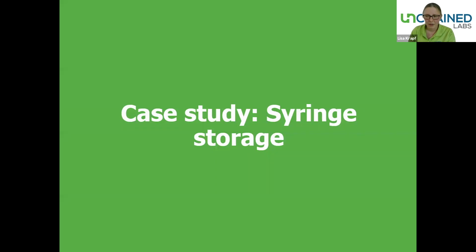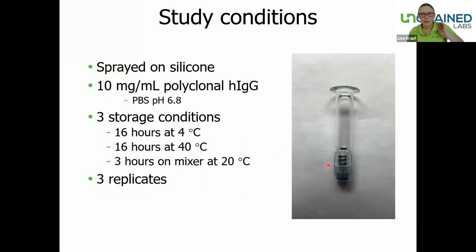The case study I want to present today is about the effect of syringe storage on the siliconization. And here you can see the study conditions. So what we tested for this study is spray-on siliconized syringes. They were filled with human IgG in a concentration of 10 mg/ml in PBS buffer.